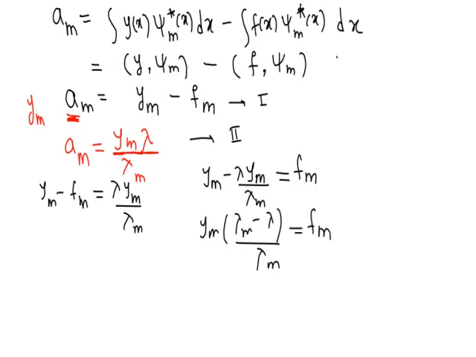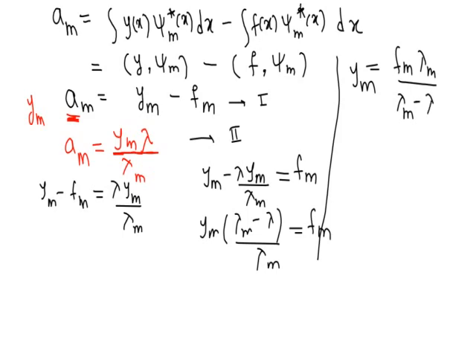This tells us that ym is equal to Fm times lambda m divided by (lambda m minus lambda).